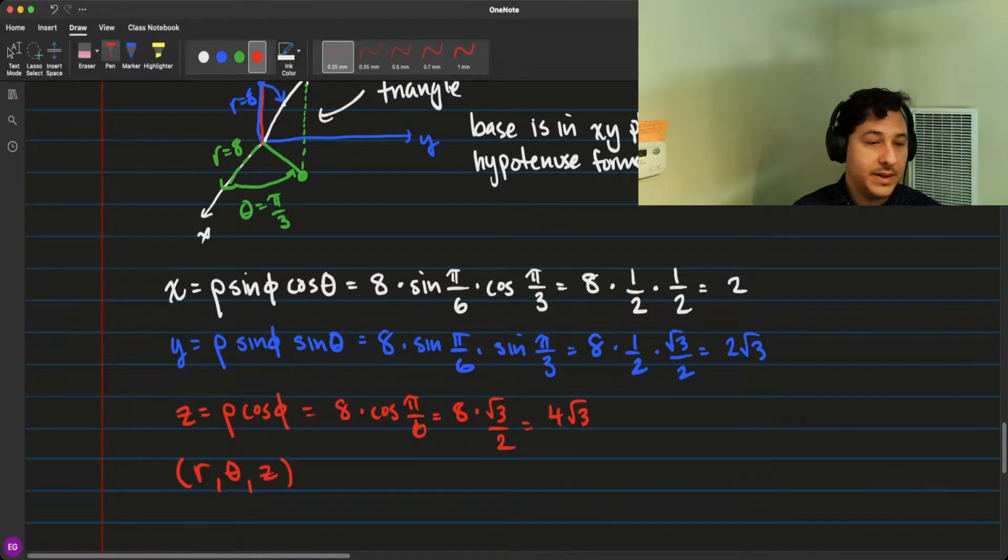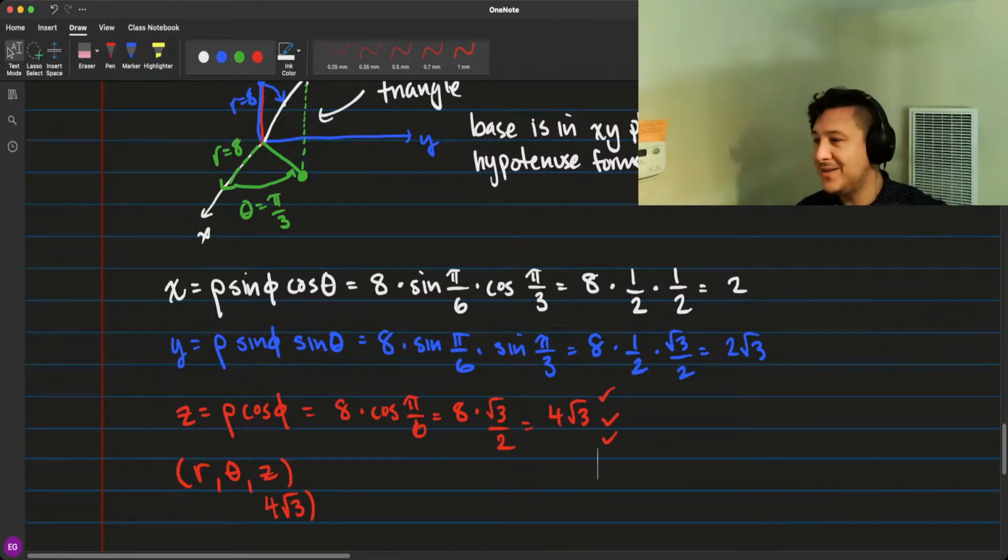The z variable from cylindrical is the same as the z variable from rectangular. So we already know what z is. It's 4 root 3, because it came from here. Once you find rectangular, you've got your z.